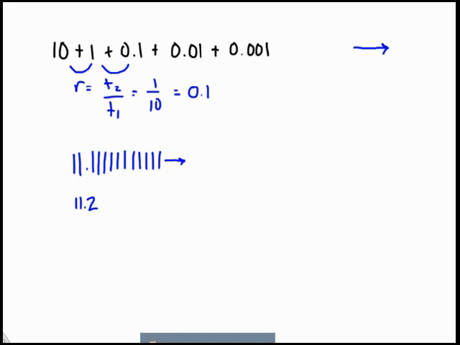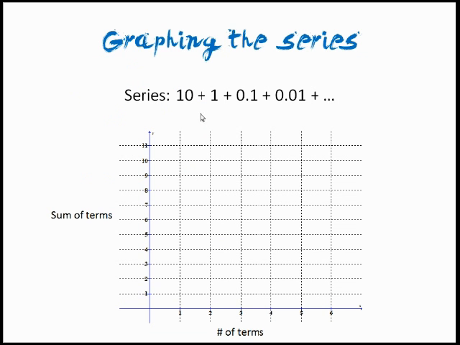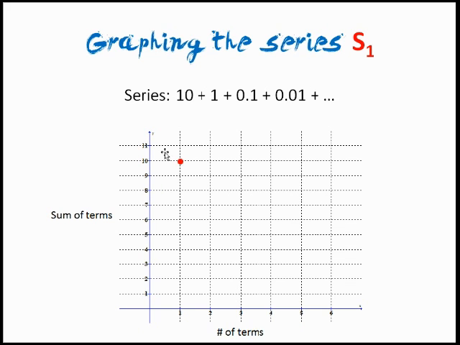If we wanted to see this graphically, here's our series. The sum of the first term would be just 10. If we add a second term, so two terms, we'd get 11. The sum of the first three terms would be 11.1.